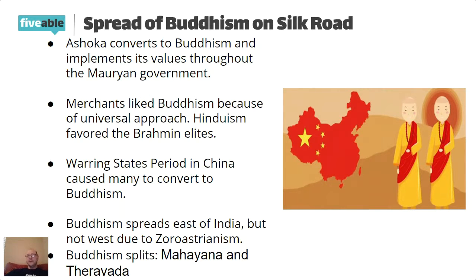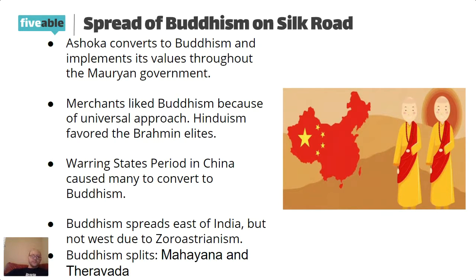He was a bloodthirsty warlord in essence, and he sees the suffering he caused in Kalinga, and eventually he begins to repent, if you will, and converts to Buddhism. Then all his government in the Mauryan Empire converts to Buddhism, and he tries to ease the suffering of people instead of inflicting suffering.